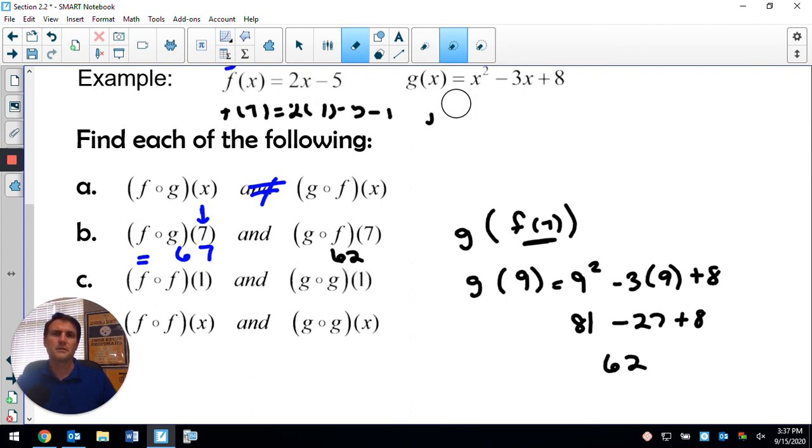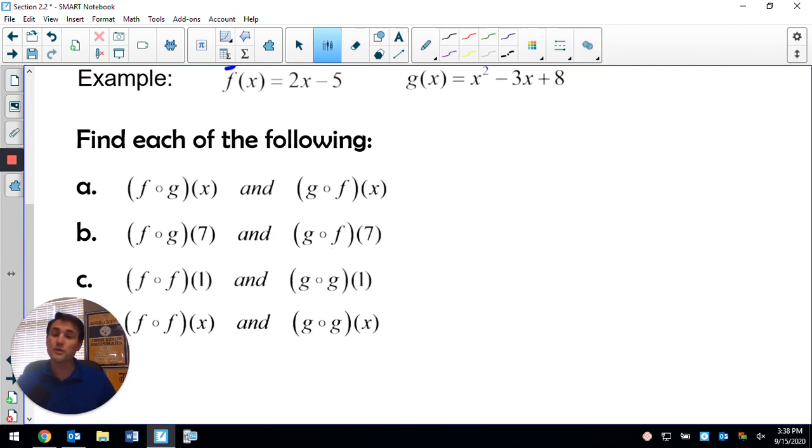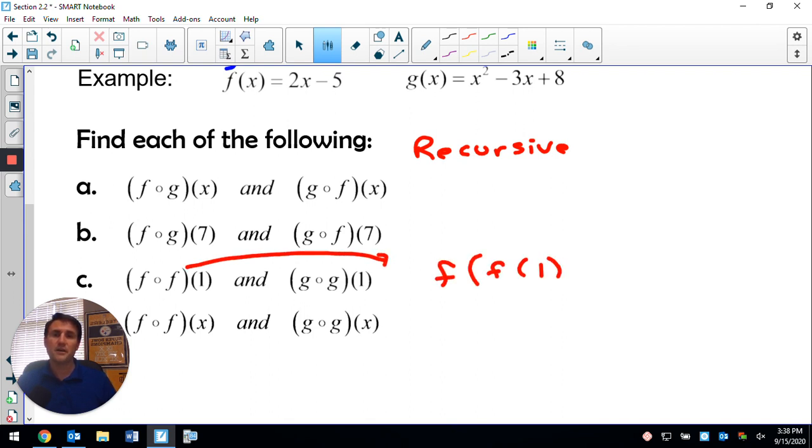All right. Now let's try some other ones. These next pair are called recursives. Recursive is where you're just plugging it into itself. This first one here is having us calculate f of 1. So we're going to calculate f of 1, which is 2 times 1 minus 5.